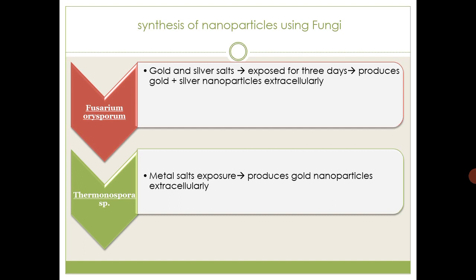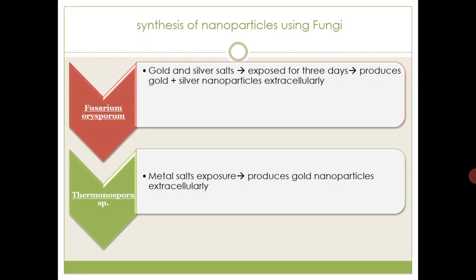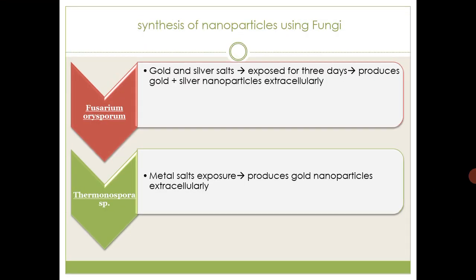In the microorganism we saw 4 main mechanisms used by the microorganism in the metal ion and the cell interaction. After that we saw some examples of the bacteria that can synthesize the silver nanoparticles or the gold nanoparticles. In that we saw the Pseudomonas strain and the Lactobacillus strain. After that we saw the synthesis of nanoparticles using the fungi, that is Fusarium oxysporum and the Thermomonospora species.